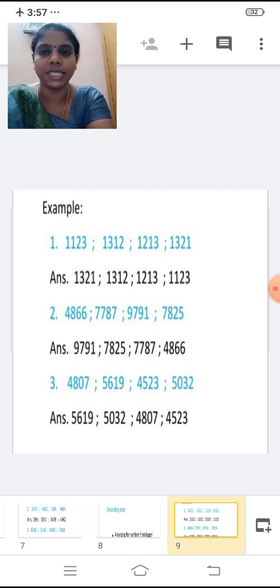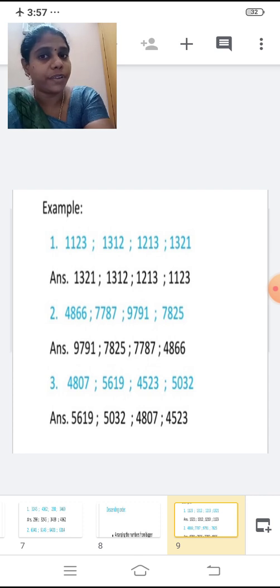We'll see some more examples. Second one, 4,866, 7,787, 9,791, 7,825. So in this also all the numbers are having the same digits, right? 4 digits.